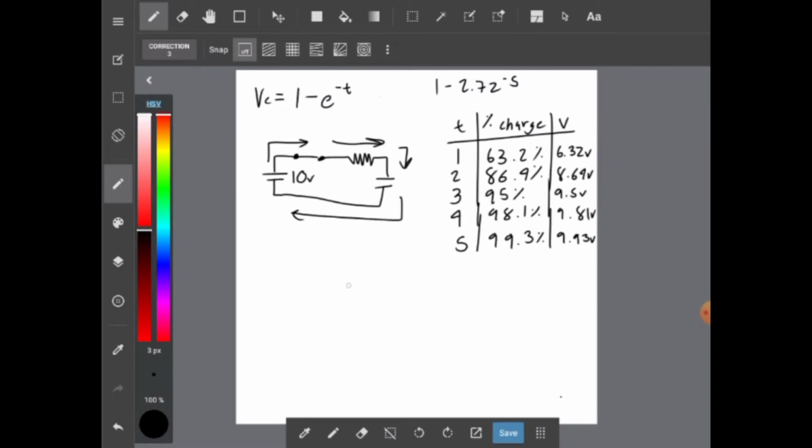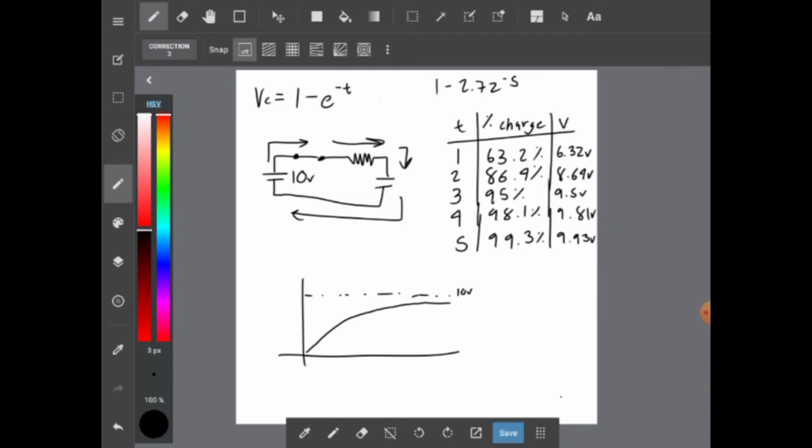So in the end, the graph should look like this. Instead of it raised directly up, it would be slightly curved, where at first straight and then slowly being horizontal, this being 10 volts.